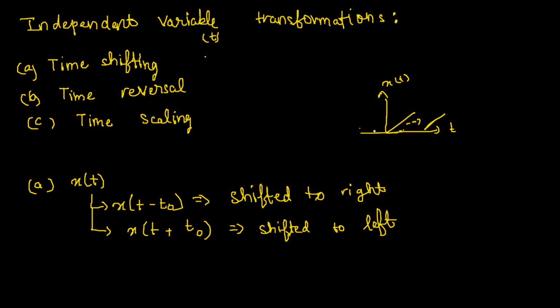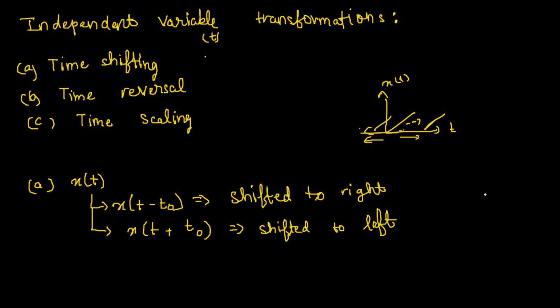So this can be shifted either to the left or to the right. If you have a function x of t and you are shifting it by a factor of minus t naught, then the graph shifts to the right. And if we are shifting it by a factor of plus t naught, it shifts to the left.